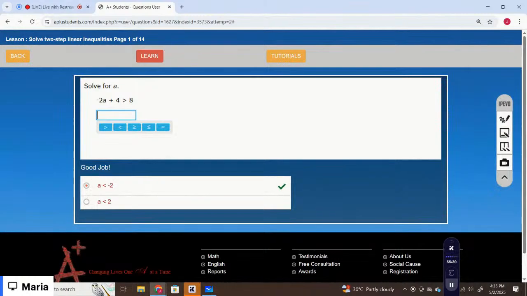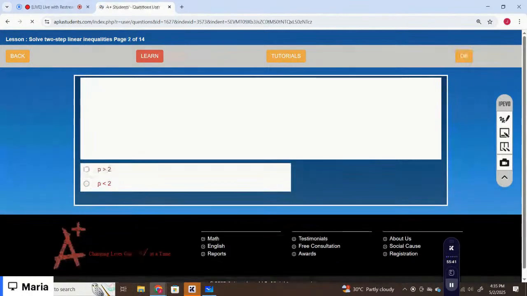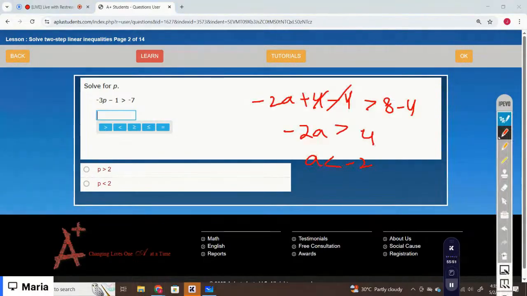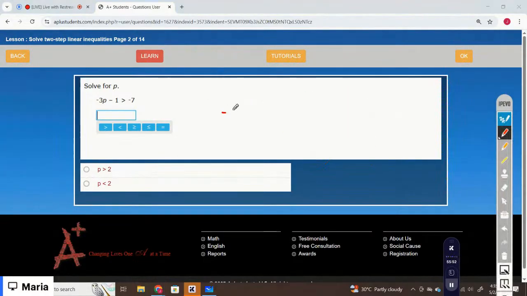Okay, the next one is negative 3p minus 1 plus 1. Negative 3p minus 1 plus 1 is greater than negative 7 plus 1. Negative 3p is greater than negative 6.